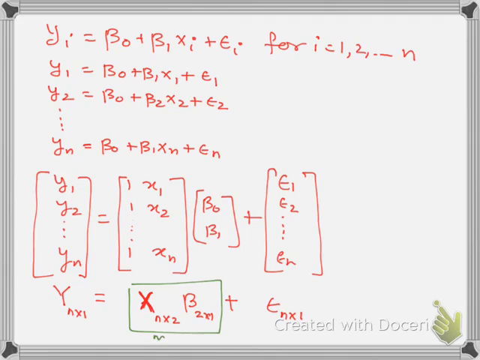So this is matrix multiplication, and then you add this and this. You do it using matrix addition.